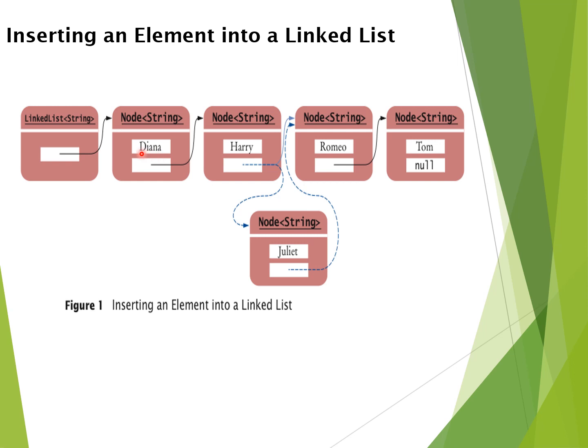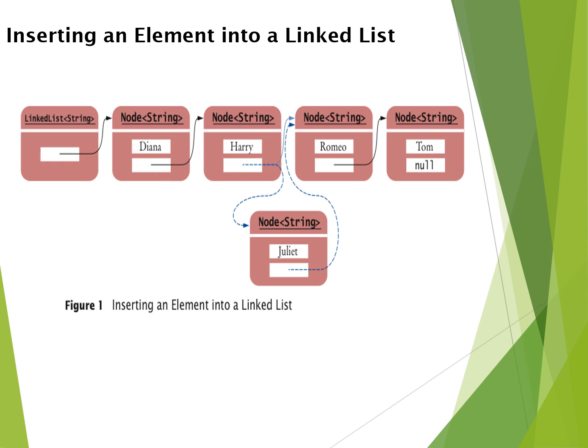So it has two different instance fields. The first one is a string that contains a constant string like Diana, and the second is a pointer to the next node. And then at the beginning of the linked list, we have a pointer that points to the head of the linked list, which contains Diana in this case.